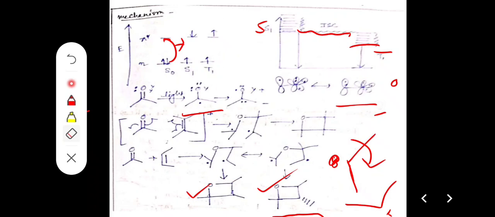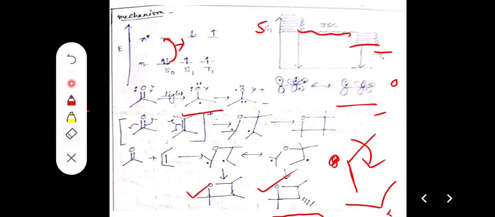Now when the carbonyl is excited, the first step is homolytic fission, with oxygen and carbon each taking one electron. In the second step, oxygen gives its one electron to the carbonyl carbon, and the carbonyl carbon has two electrons.